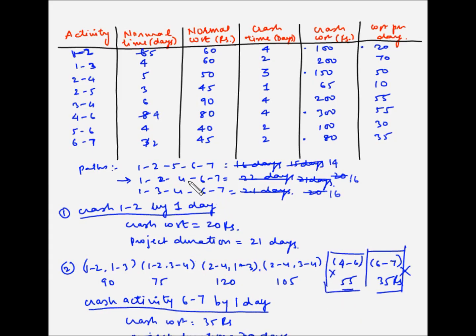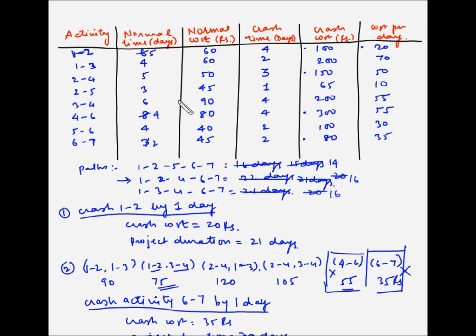Now since we have the same two paths as the critical paths, let's find out the lowest cost of crashing. So this 75 rupees seems to be the lowest cost. Now this means that we have to crash both 1 2 and 3 4. Now 1 2 has already been crashed by 1 day, and now the crash time available is 1 day, and for 3 4 we have 2 days available.